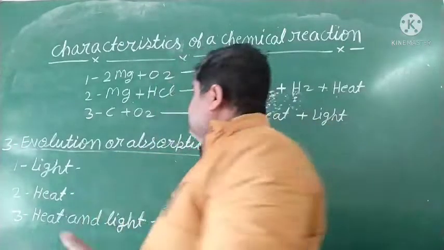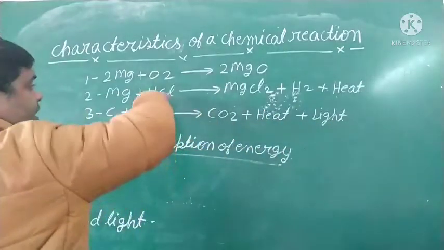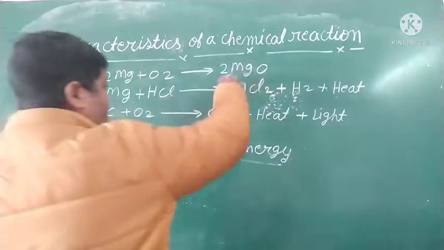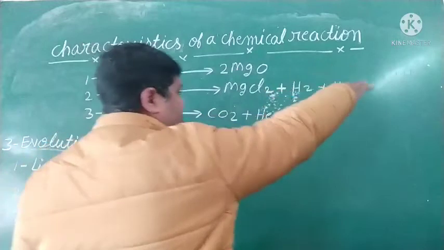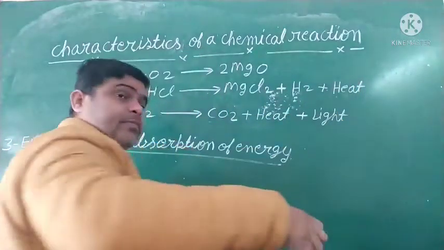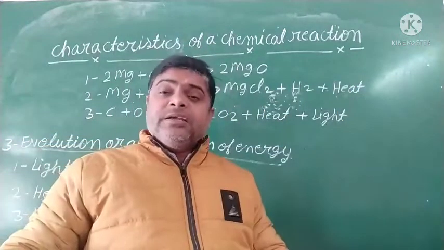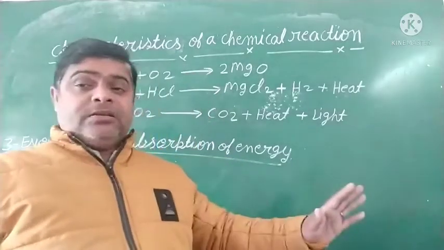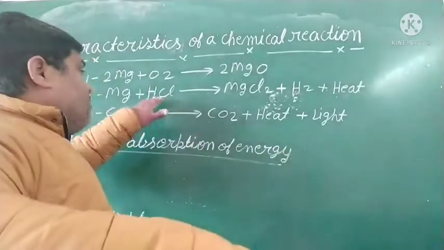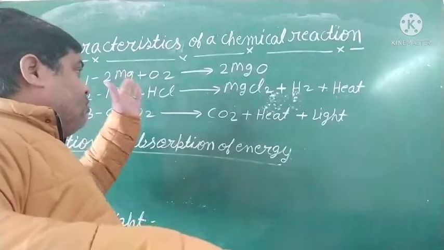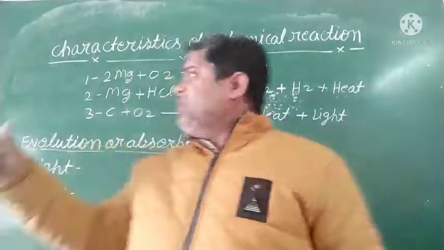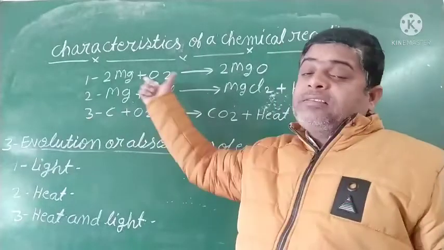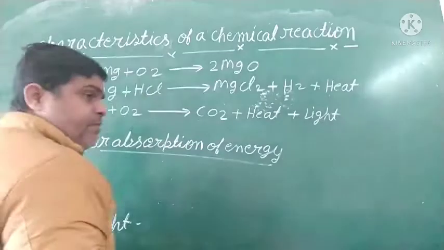So students, when magnesium reacts with hydrochloric acid, it forms magnesium chloride and hydrogen gas, and releases heat. Release of heat means this is a chemical reaction. In place of hydrochloric acid, you can also take sulfuric acid. Okay, so this is the example of the reaction of a metal with an acid giving heat.